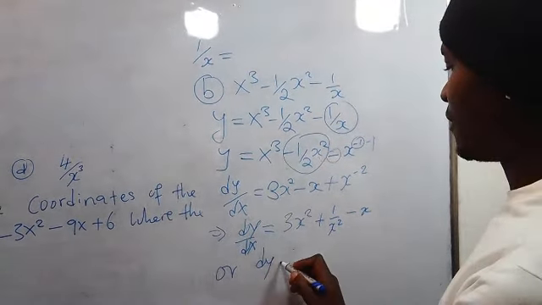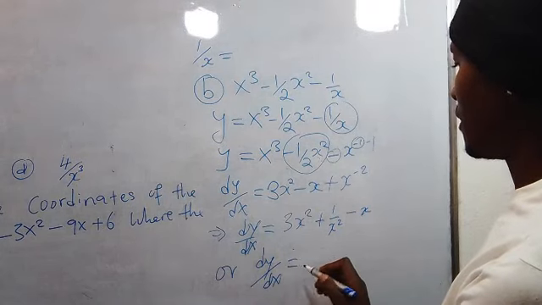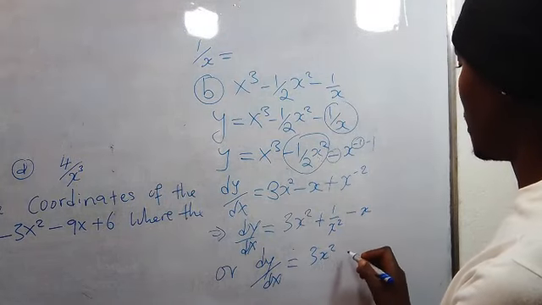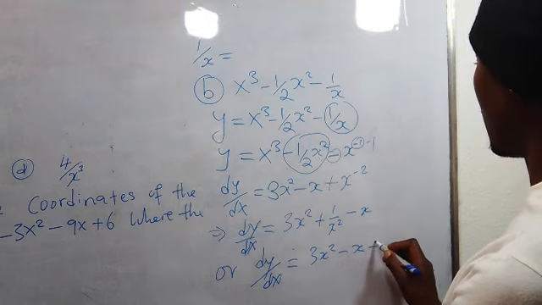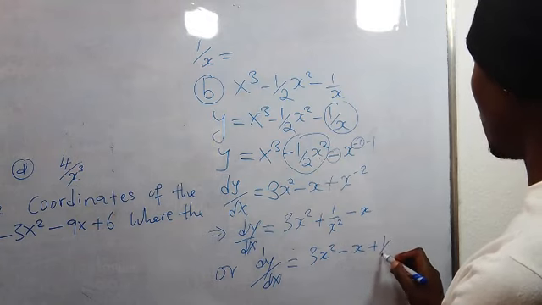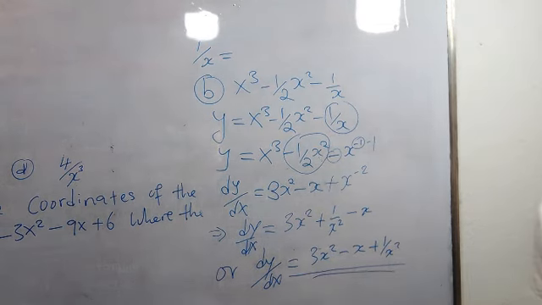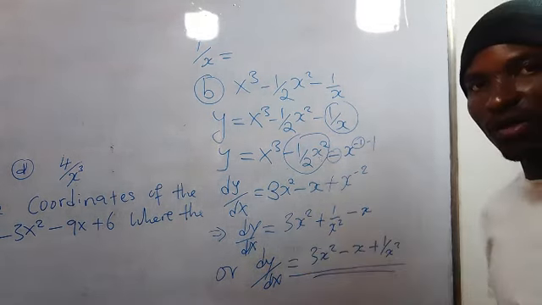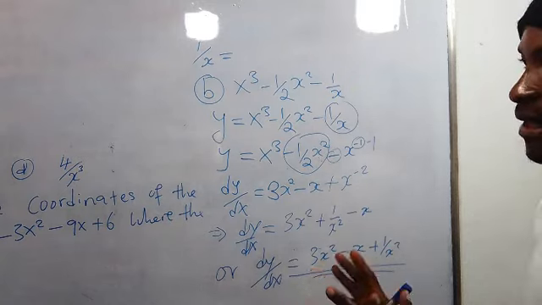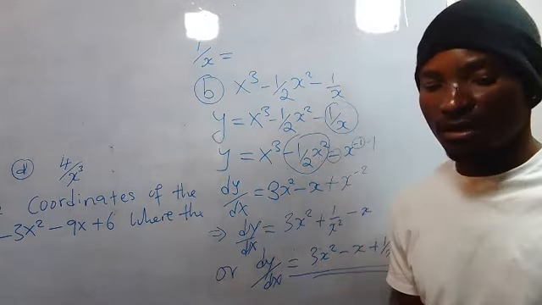Or you can have dy over dx equals to just 3x squared minus x, then plus 1 over x to the power 2. Okay, so you can also do whichever way you want. Okay, so that's our B.